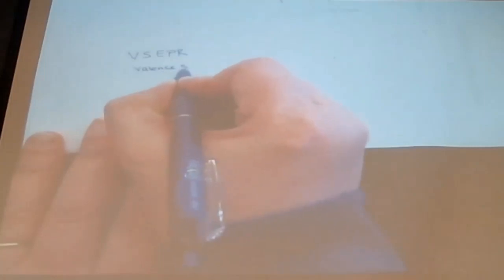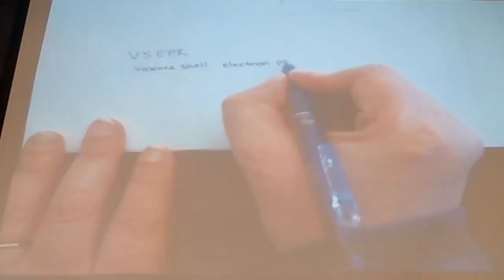So you can see, this is an acronym. You can see that by the placement of the E, it's not really Vsepr, but that's what most people call it. This stands for valence shell. So we know what the valence shell of an atom is. Electron pair.